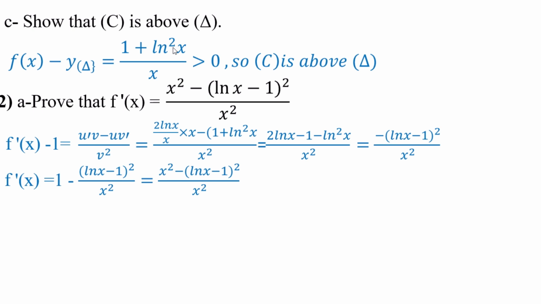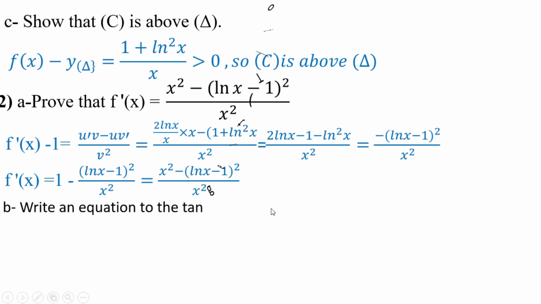The derivative of ln squared x is 2 ln x over x, times x, and so on. This gives minus (ln x minus 1) squared over x squared, because if we take minus as common factor, we get ln squared x minus 2 ln x plus 1, which is the form of (a minus b) squared. We transfer minus 1 to the other side, so 1 minus, making a common denominator, f prime of x equals (x squared minus (ln x minus 1) squared) over x squared.